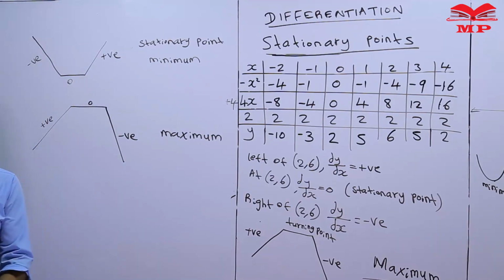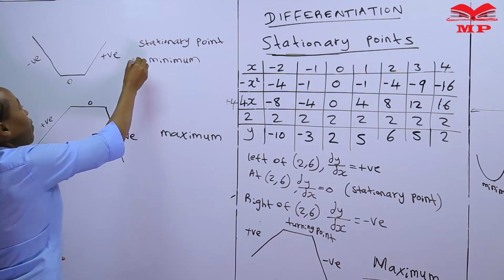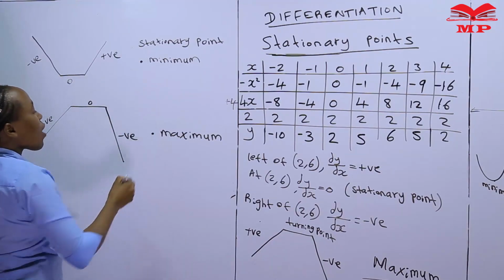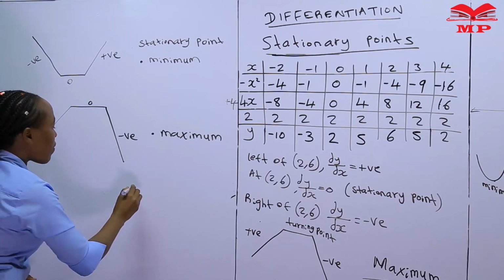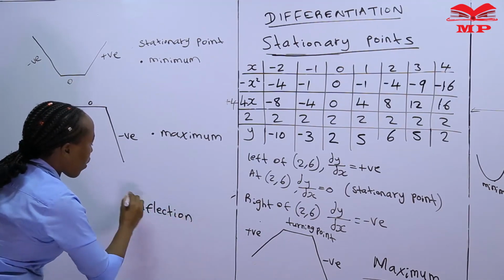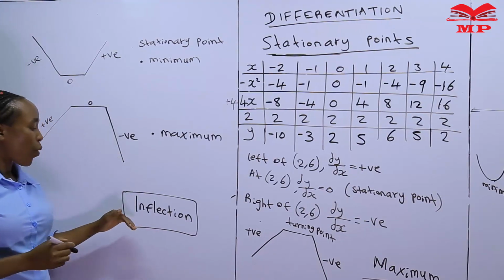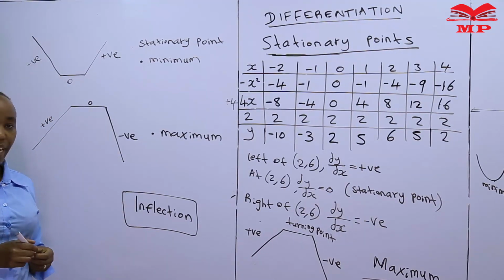So I would like you to determine the following. We are going to continue because we have still another point. We have a point of minimum. We also have maximum. We also have another point that we call inflection, which in our next lesson we'll know what we mean by a stationary point being a point of inflection.